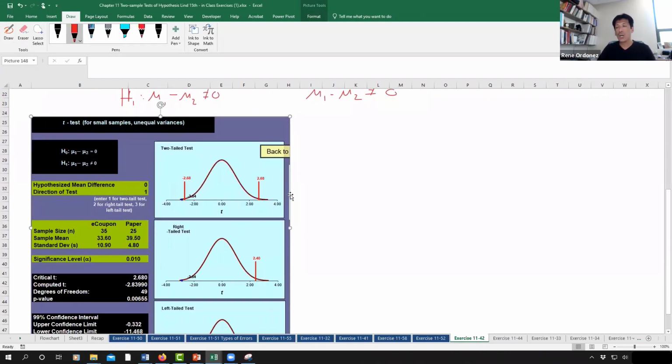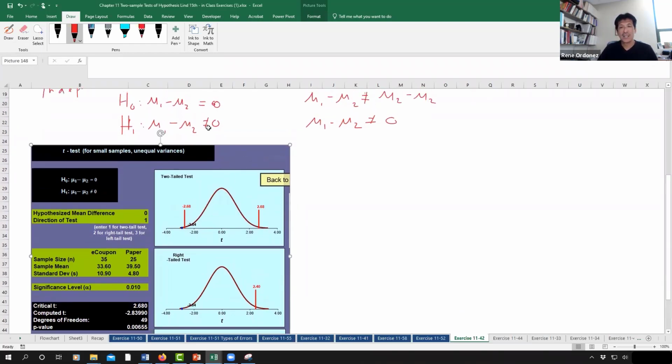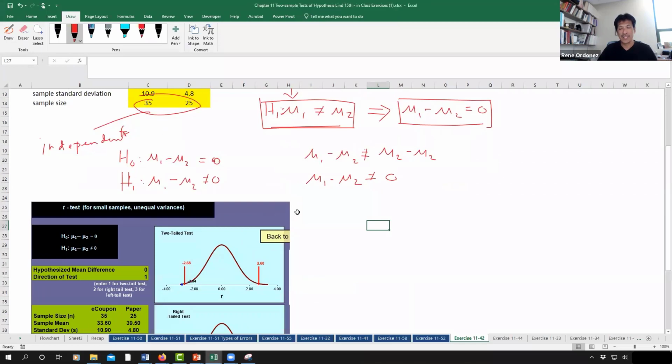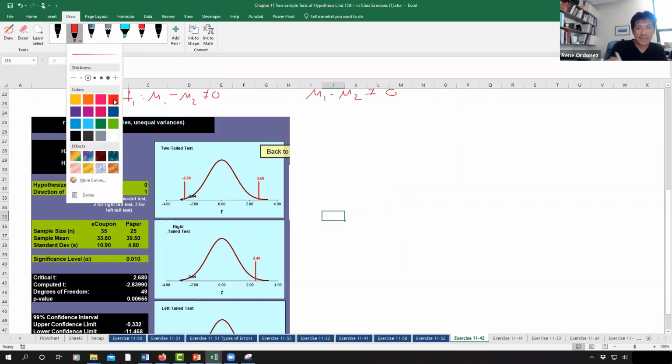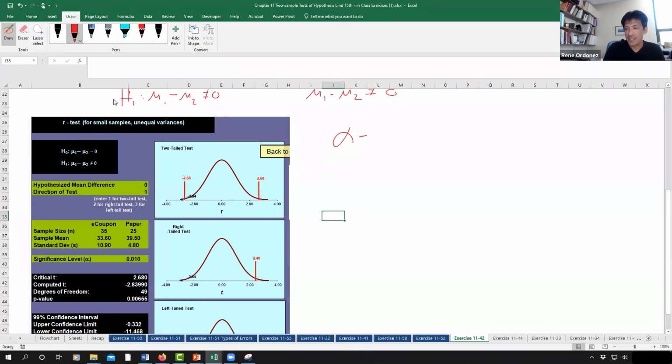So based on this output, what do we conclude about the null hypothesis? Alpha was stated as 0.01. The p-value is equal to 0.00655.